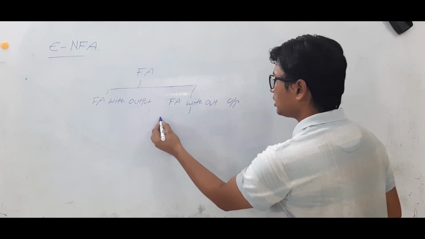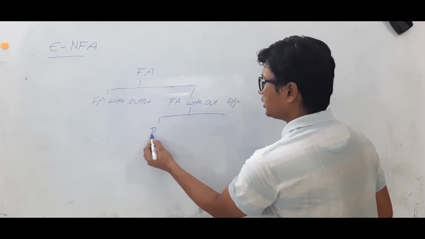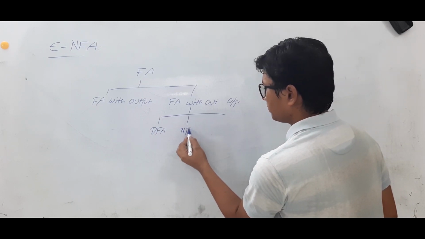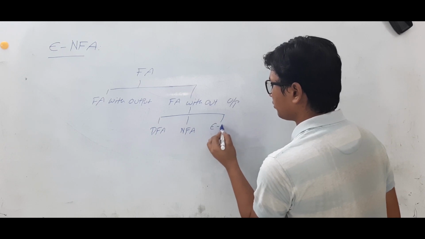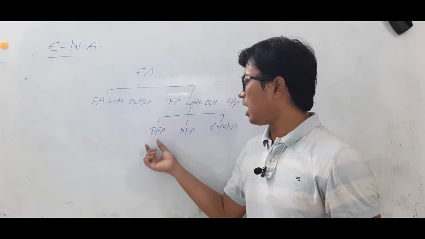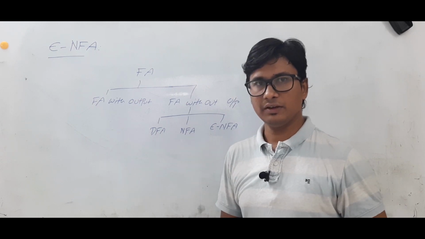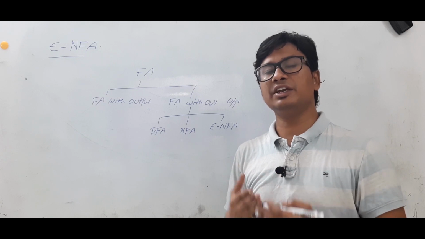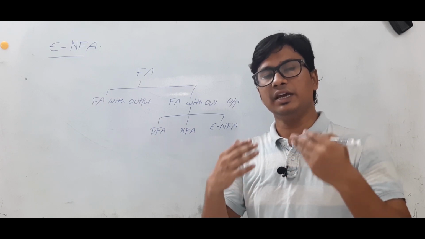However, finite automata without output can be classified into three types: DFA, NFA, and then Epsilon NFA. In our previous videos we have discussed what a DFA is and how to represent a DFA, and we have discussed enough examples for constructing a DFA.